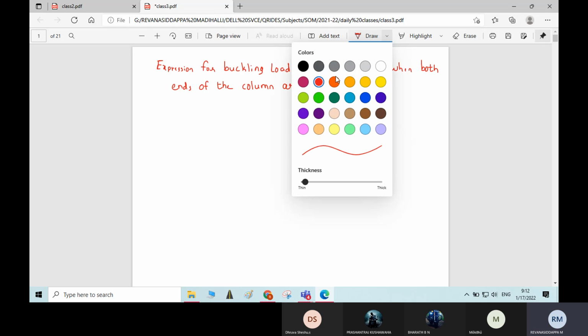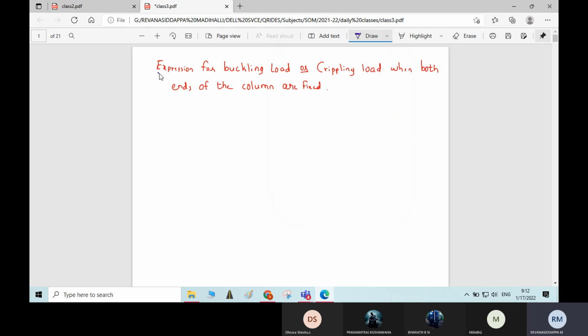Okay, we will derive the equation for buckling load when both the ends of the column are fixed.